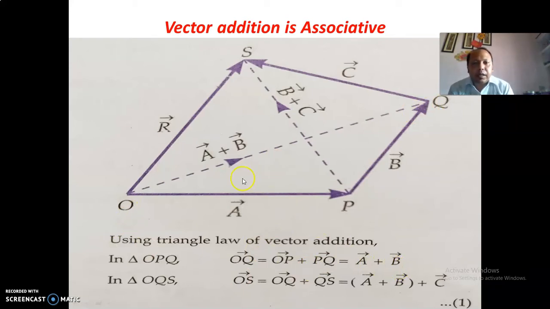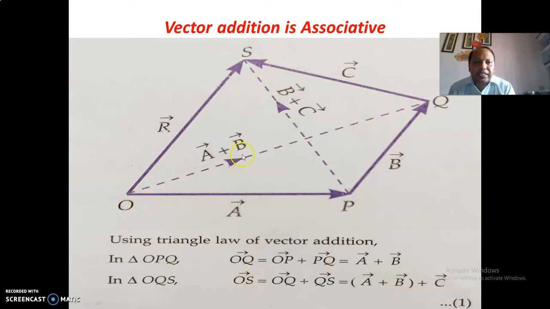Now look at another triangle OQS. In this triangle, the two sides which are taken in the same order, the two vectors, one is OQ, another is QS. So the resultant is OS. So the resultant OS will be given by vector OQ plus vector QS.